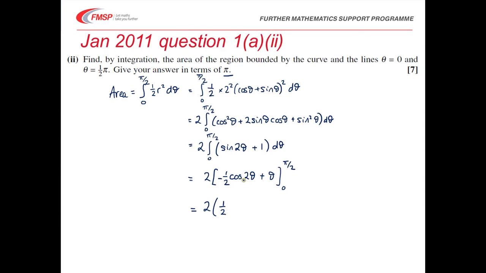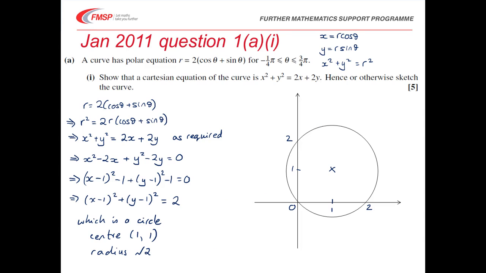Cos of 0 is 1, and then plus pi over 2. And then take away, cos of 0 is 1 times minus a half, that's minus a half, plus 0. So that's 2 lots of a half plus a half is 1 plus pi over 2, which gives me as a final answer 2 plus pi.